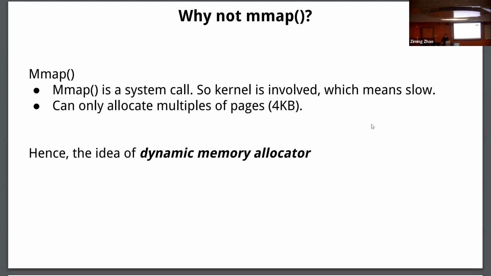And what you are doing here may not necessarily need the kernel, right? The second thing is mmap only provides an interface that allocates pages of memory. It cannot allocate 20 bytes or 10 bytes. It can only allocate 4 KB, 8 KB, 16 KB at least for you, right?